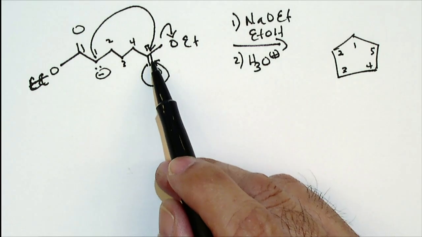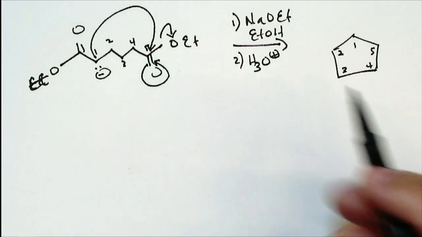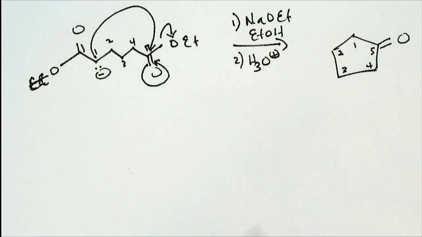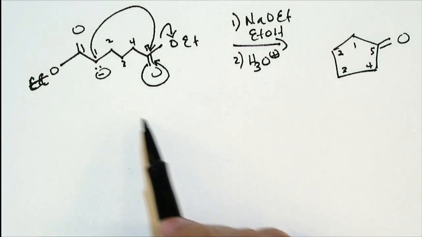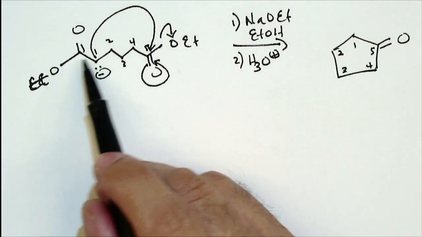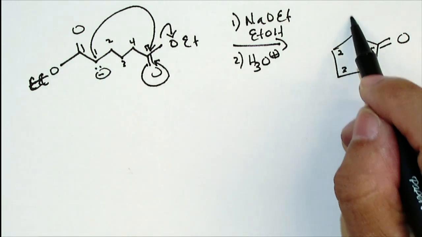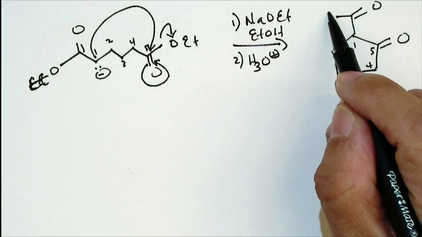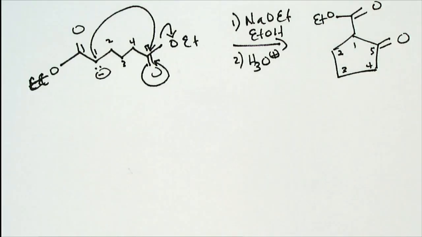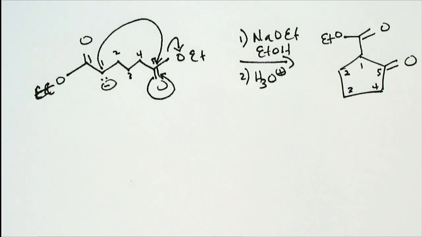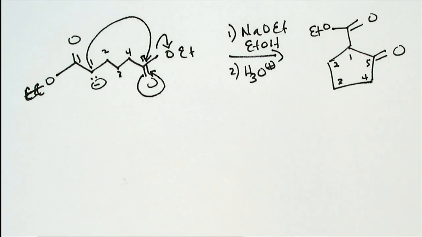What do you have on carbon number 5? Well, you reformed your carbonyl. And on carbon number 1, you have the ester attached to it. So here you have an ester. That would be the product of a Dieckmann cyclization.